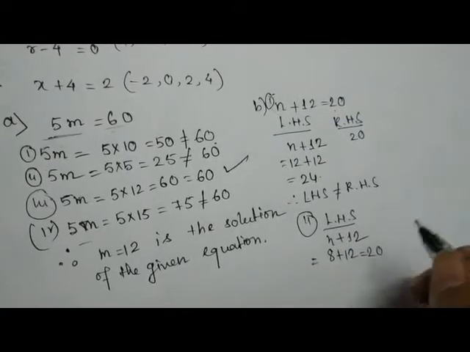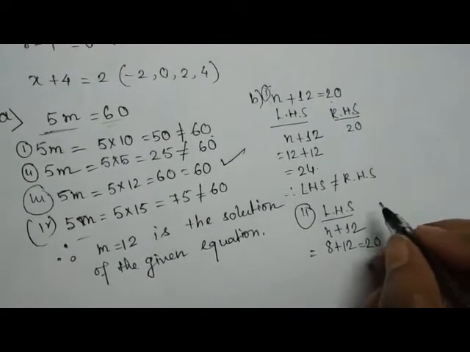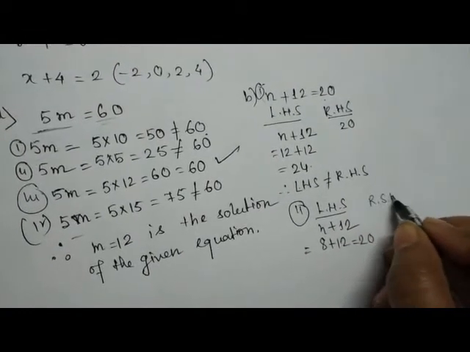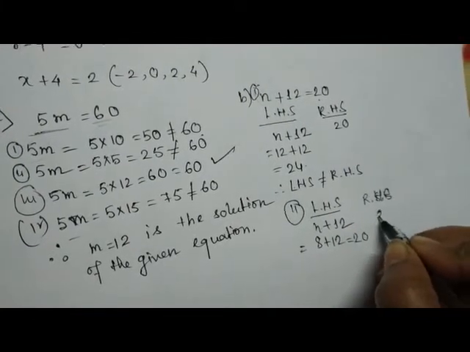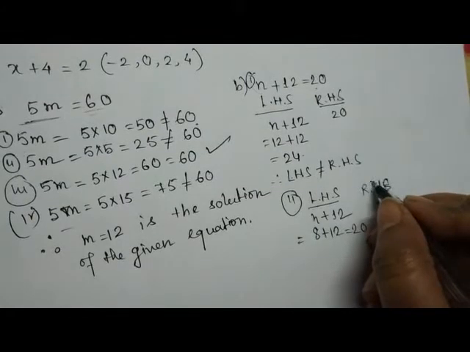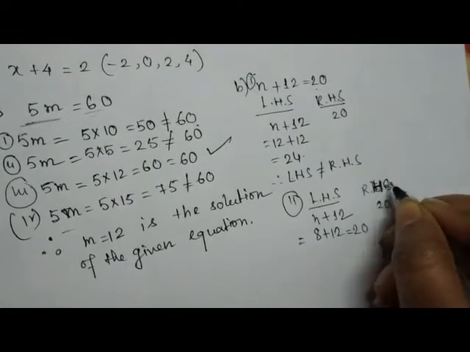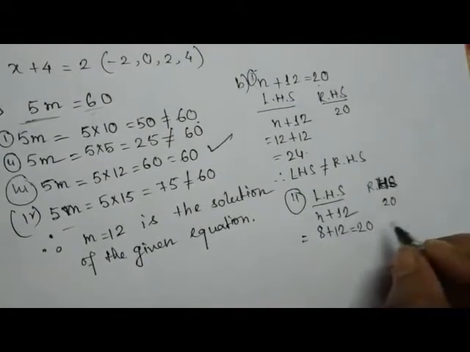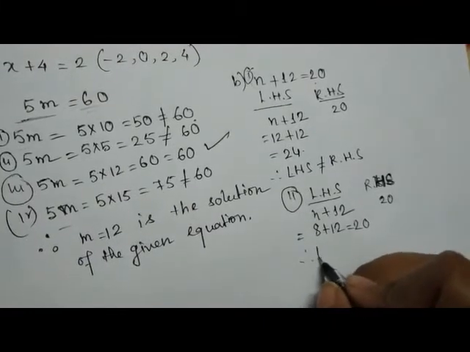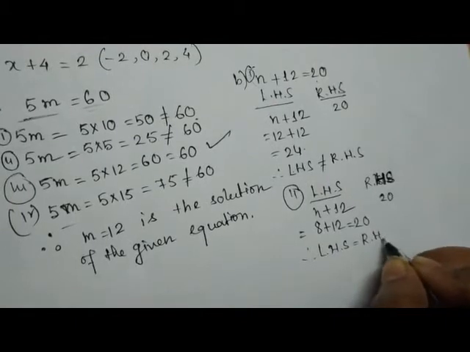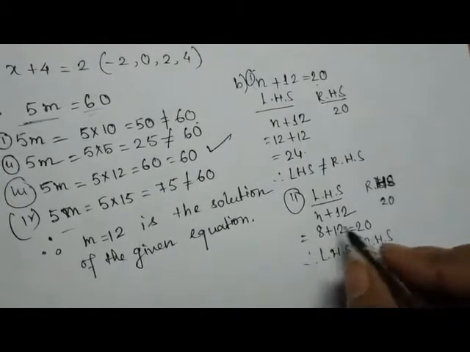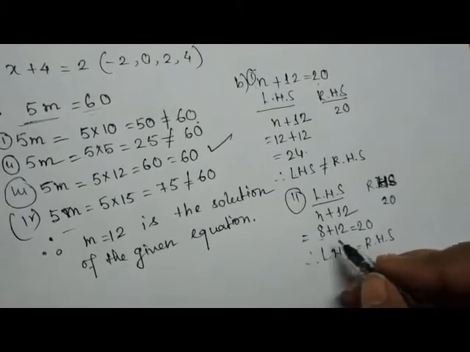That means it satisfies the equation, because 20 is equal to 20. So we will write left hand side is equal to right hand side. So that means 8 is the solution of the given equation.